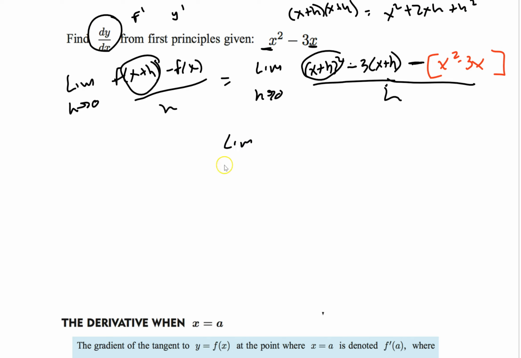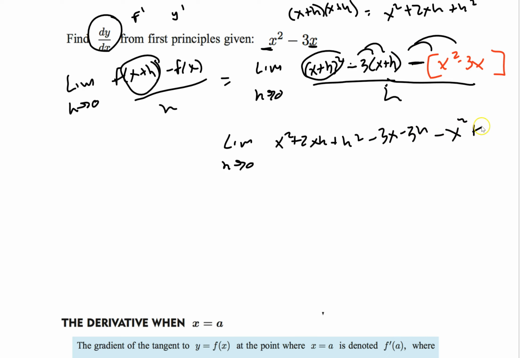The limit as h approaches 0, that's going to be x squared plus 2xh plus h squared. Distribute this negative to both: negative 3x minus 3h. Distribute this negative to both: minus x squared plus 3x, all over h.